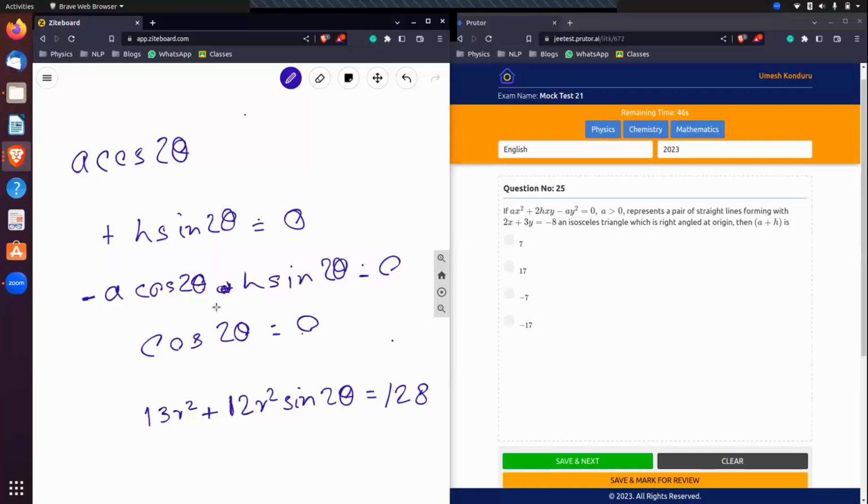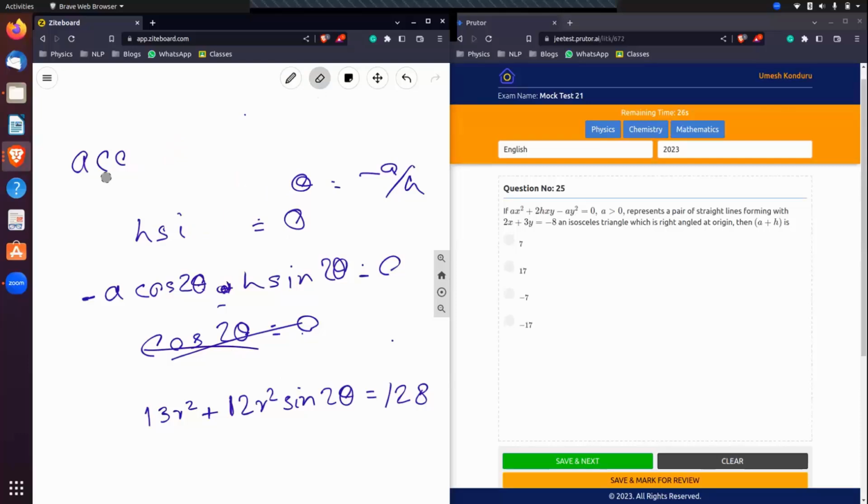And this will be minus. Okay, I see the same thing here. And then solving that, we get tan theta equal to minus a by h in both cases. And you figure out sin theta and then figure out r from that.